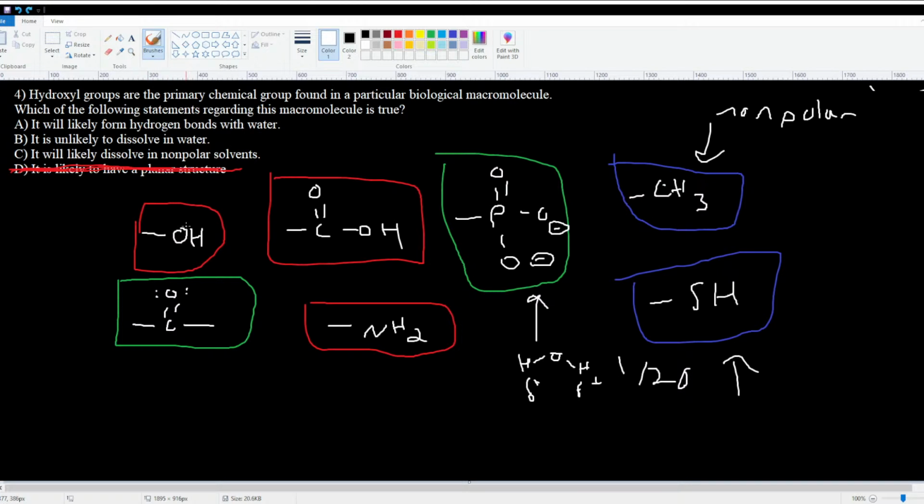It's exactly that: hydrogen and oxygen. That's a polar covalent bond. So what is this able to do? This is able to create a hydrogen bond with water, which is very important for creating a polar molecule, right? So this is able to form hydrogen bonds, and this is able to mix with water. That's the purpose of hydroxyl.